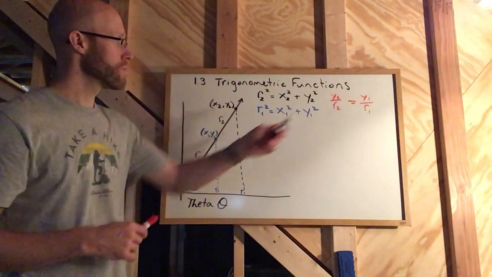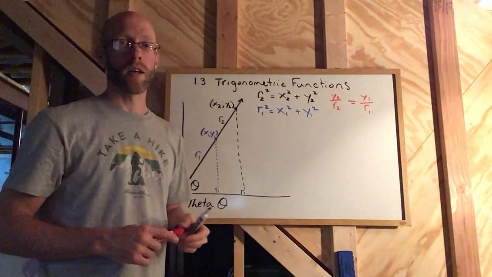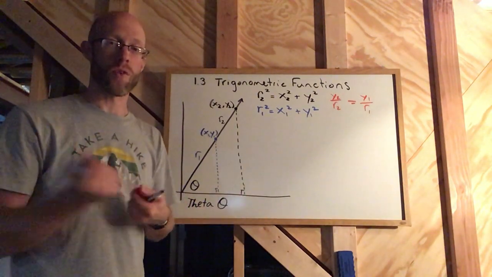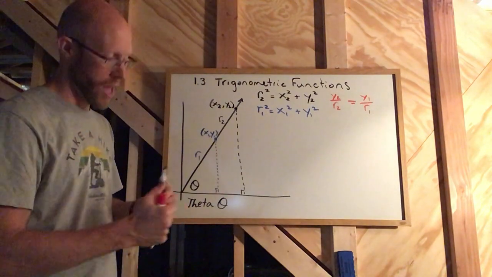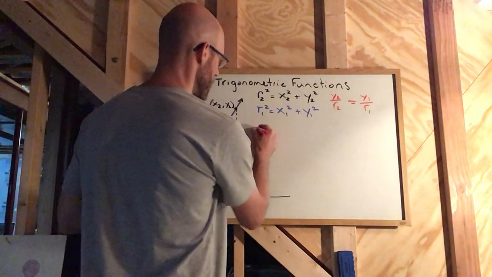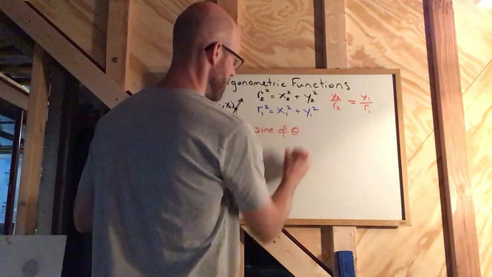That ratio, y2 to r2 or y1 to r1, we're going to give it a name because it's the same no matter how big the triangle is. The name for that is the sine of theta.